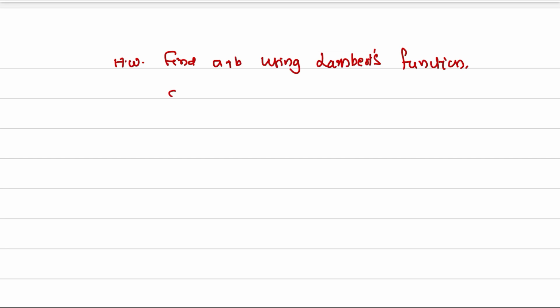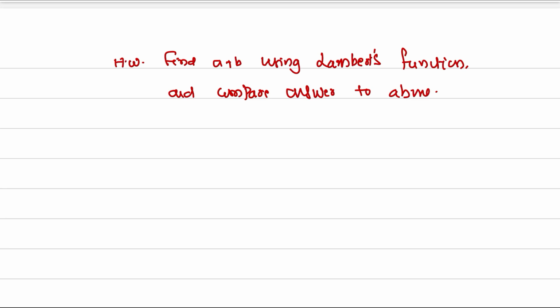This is using the Euler equation. Now, as homework, find a plus b using Lambert's function and compare your answer to the above.